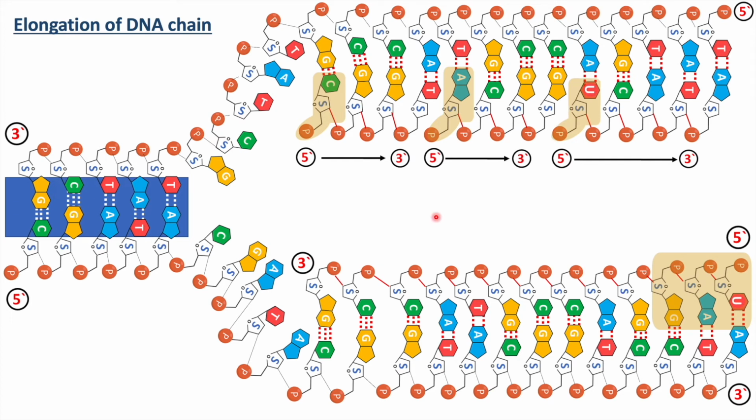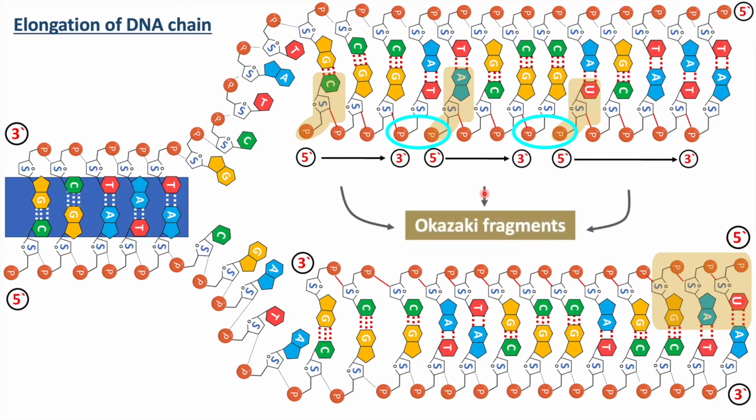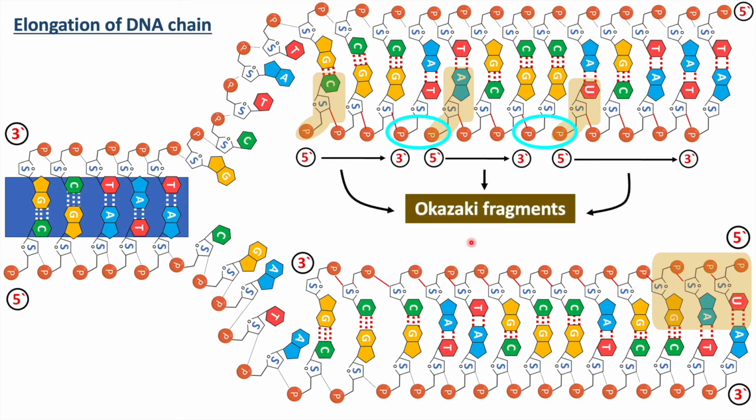Why? Because if you see here, these strands are not connected to each other. There is no phosphodiester bond here. That means there are these pieces of strands, or fragments of these strands, which are called Okazaki fragments. So it is opposite to this.